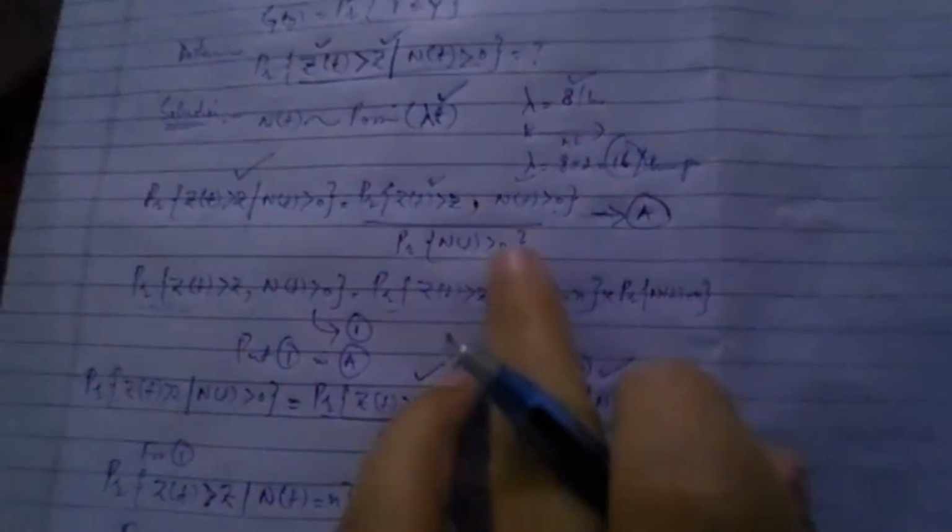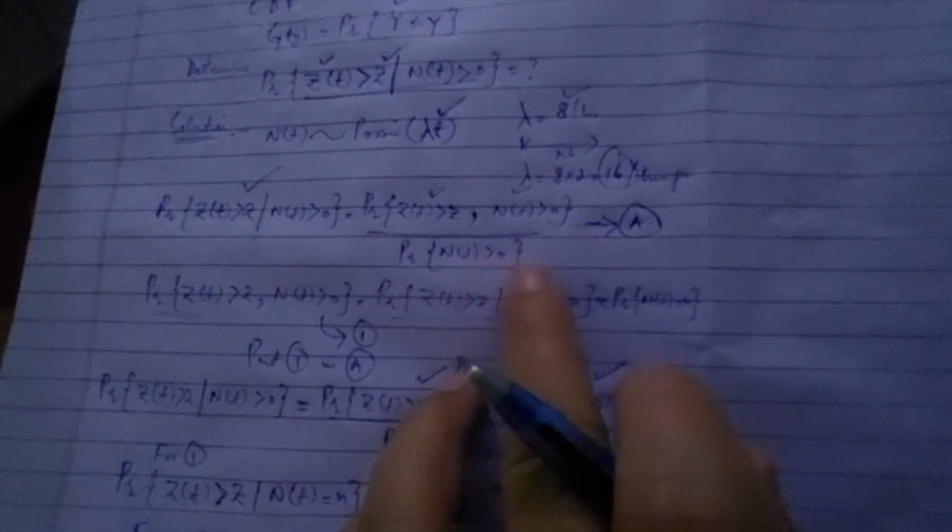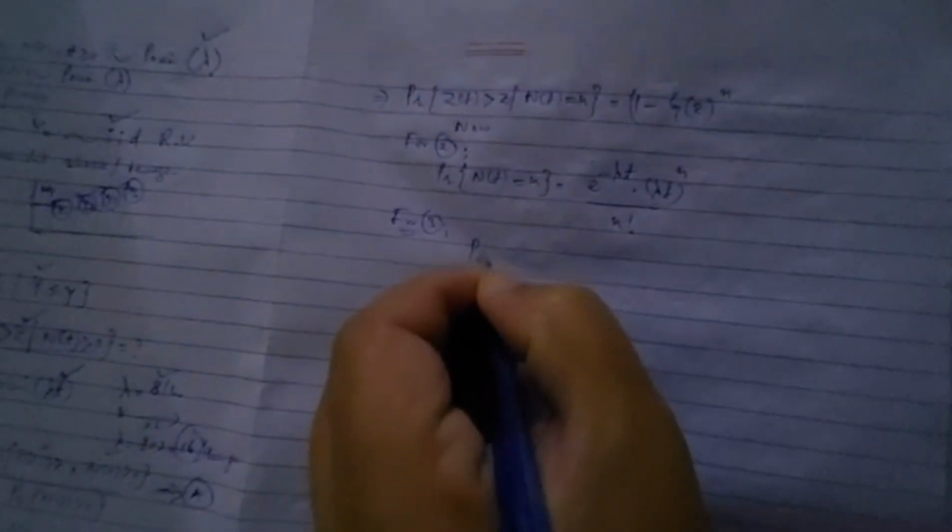Okay, but we have another thing, which is the denominator. The denominator is this thing, the probability that the number of total events is greater than 0. So for 3, the probability that the number of total events is greater than 0 is equal to 1 minus the probability that the number of events is equal to 0.